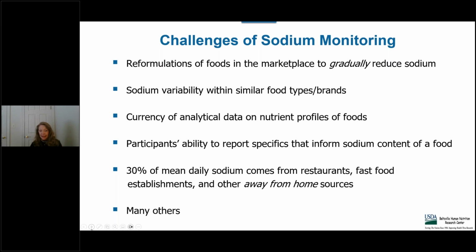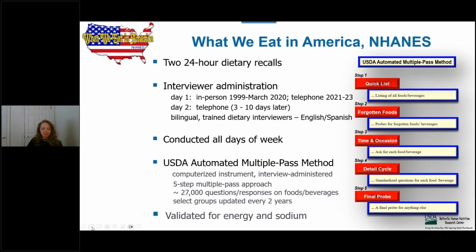And that goes hand in hand with our data showing about a third, just under a third, of mean daily sodium intakes come from foods outside the home, restaurants, fast food establishments, and other away from home food sources. And of course, there are many other challenges, but this gives you at least a sampling of what we worry about, try to keep track of as we're looking at collecting national dietary data.